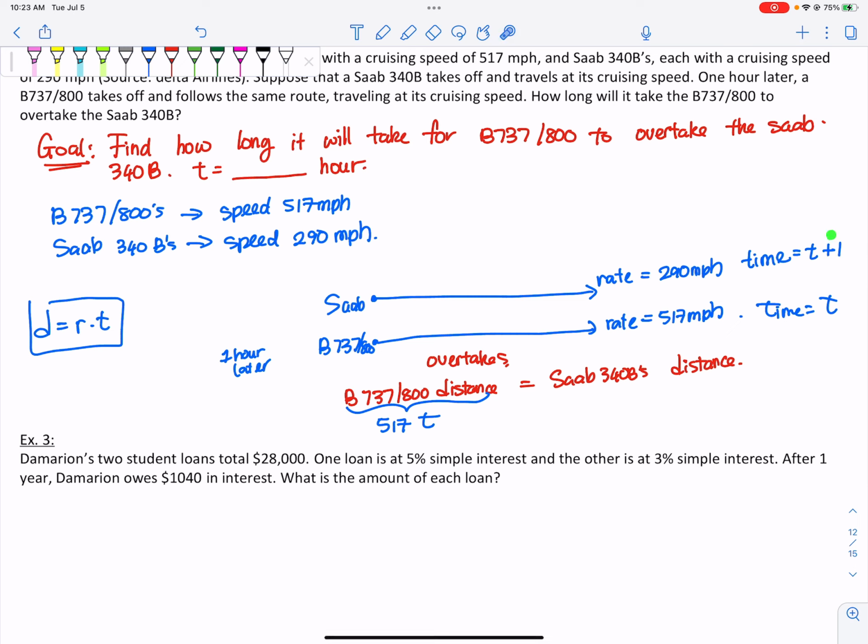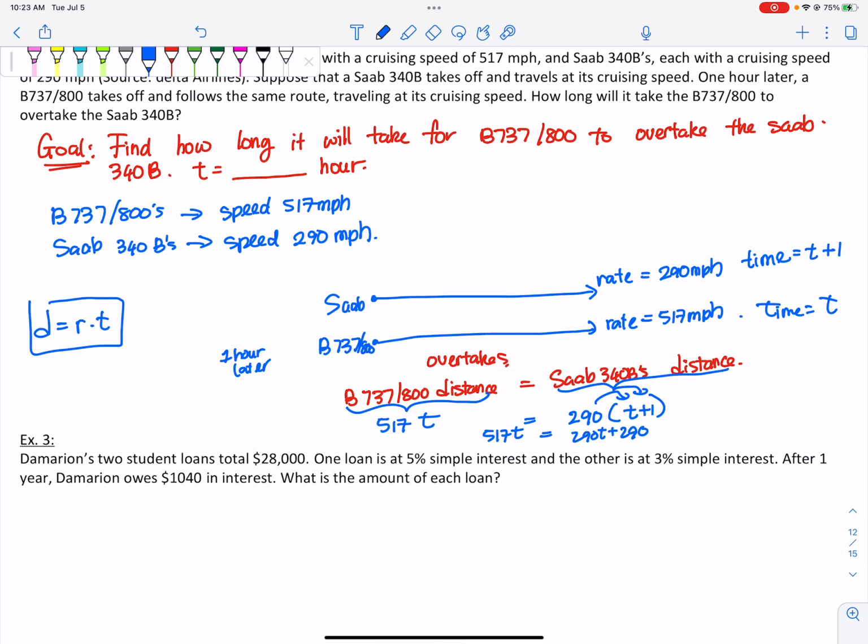This one travels for a longer period of time. So for Saab, the distance, again, rate times time. Rate is 290, and the time is t plus 1. So here we have a linear equation with a variable t, which we can solve for. Distribute the 290: 290t plus 290 equals 517t.